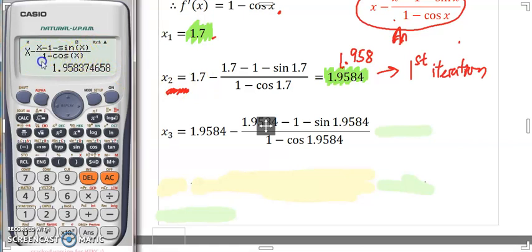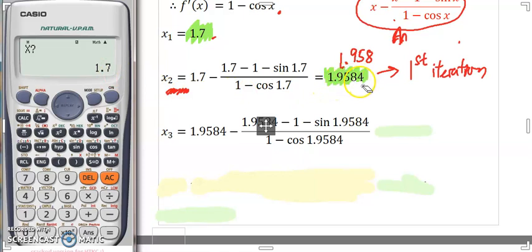On the calculator screen, you should still have this function in. Then you just need to press the calculate button. 1.7 is the value that you inserted just now to calculate x2. Now, in order to calculate x3, I want to insert the result from x2, which is 1.9584.